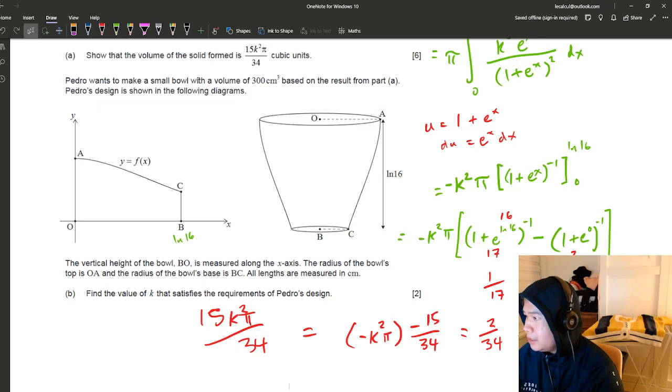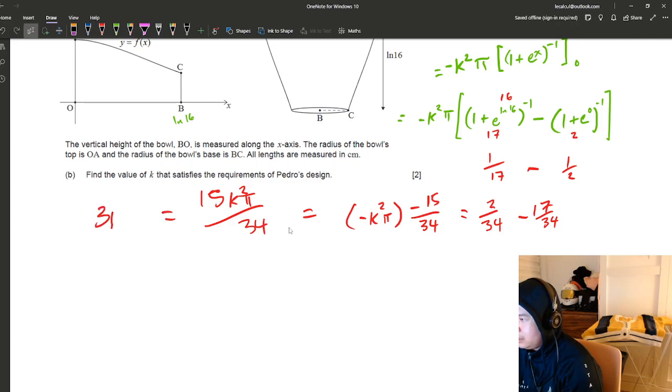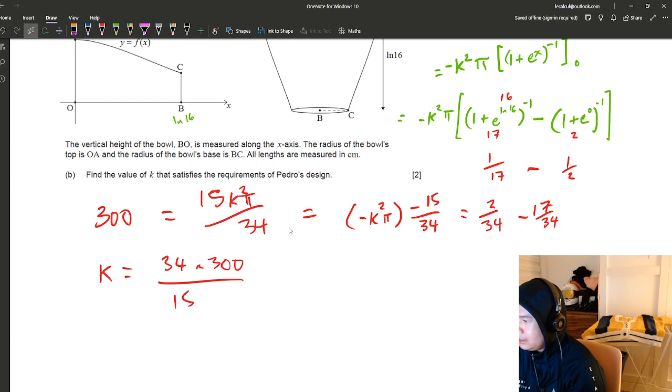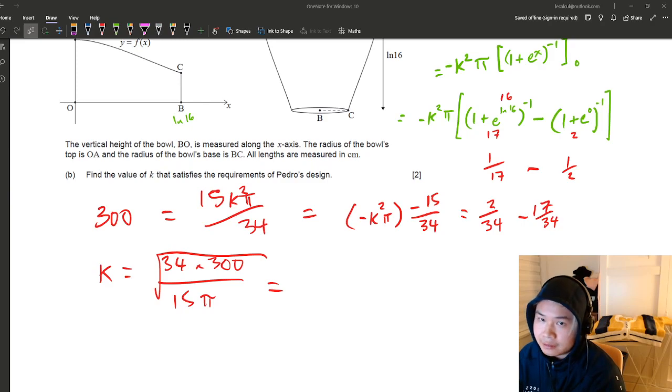Okay, next Pedro wants to make a bowl with this volume. Okay, find the value of k. Sure. So this is equal to 300, which means that k is going to be 34 times 300 divided by 15 pi square rooted. Our first calculator usage, at least from HL stuff.